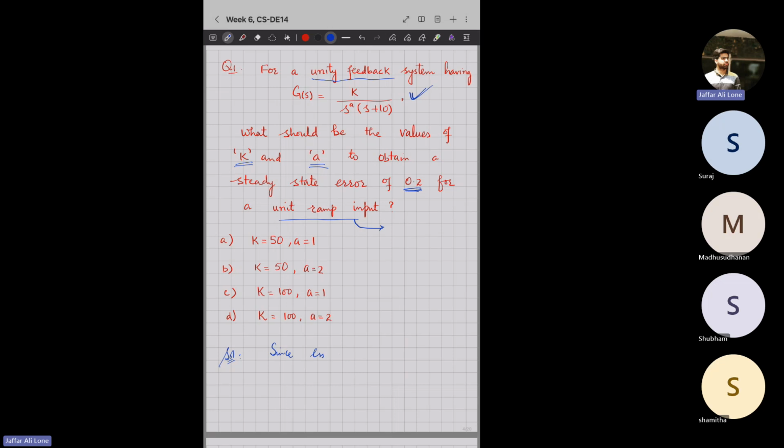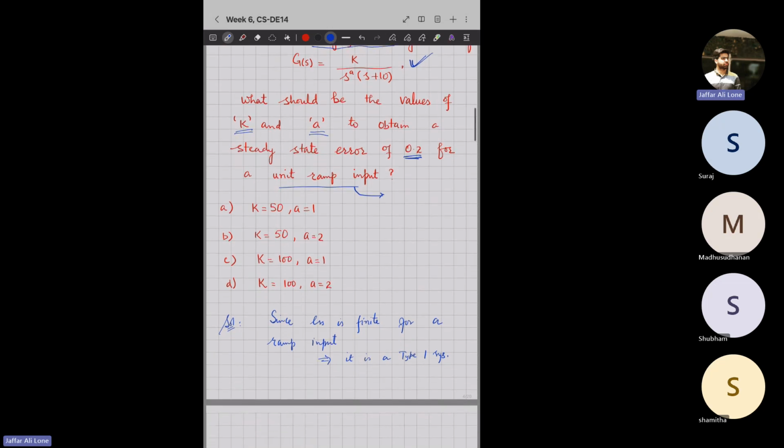Since ESS is finite for a ramp input, it implies it is a type 1 system. Type 1 system means this value should be 1.